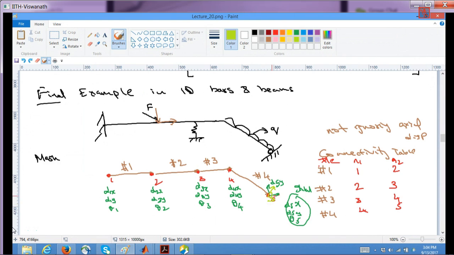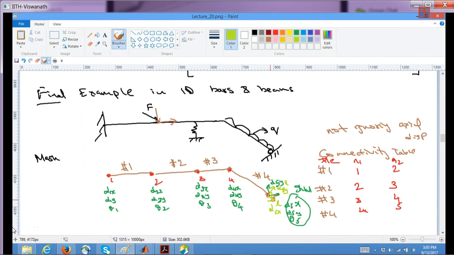In that manner I can impose my boundary condition much more simply, because in this direction we have only this d phi x in the local coordinate system, and this is d phi y in the local coordinate system.